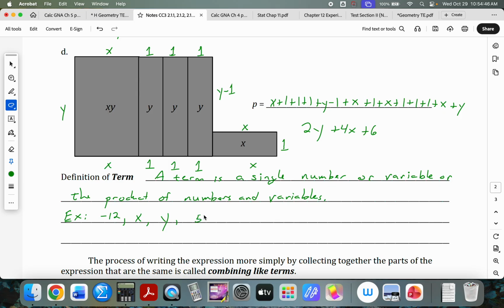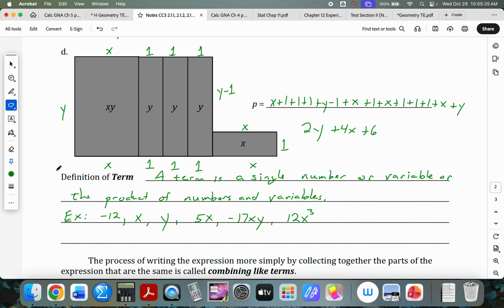So I might have 5x, or -17x times y. Or 12x cubed. Right, because that's 12 times x times x times x. Okay, so single numbers or single variables or single numbers and variables multiplied together.